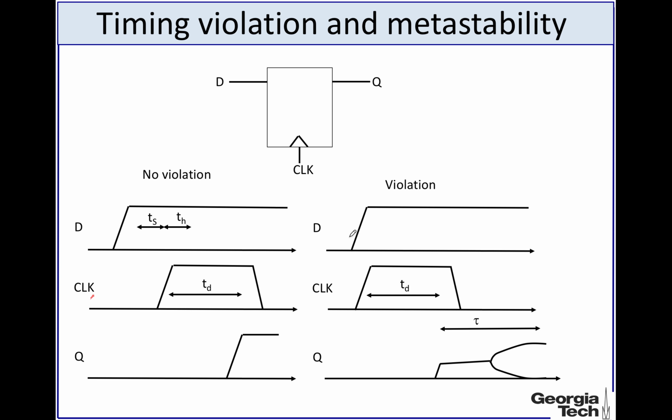Alright, so now let's consider the case where the input actually changed right around the time of the clock edge, and as a result what will happen is that Q, rather than taking up the value of the input D after TD amount of time after the clock edge, will go to an intermediate state, and this can be VDD by 2.